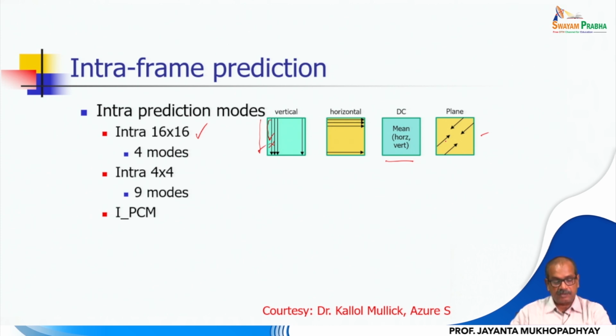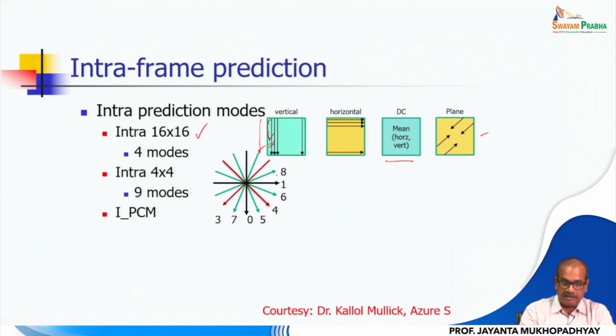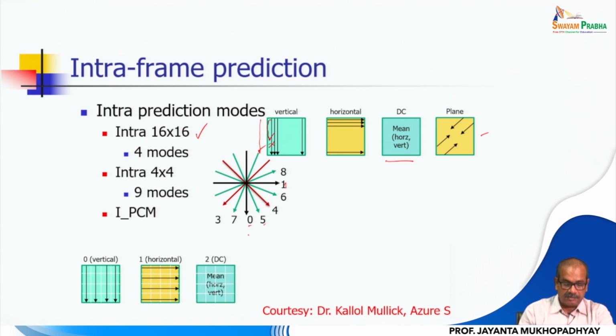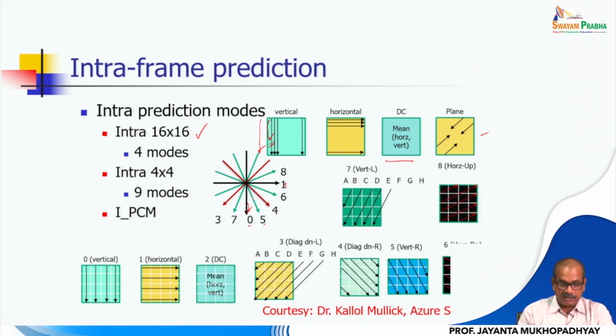Whereas intra 4x4 has 9 modes, so there are 8 directions here. Just to show you, 0 is the vertical direction prediction. Then 1 is horizontal, then 2 is DC prediction, that is using the mean of horizontal and vertical scanning.